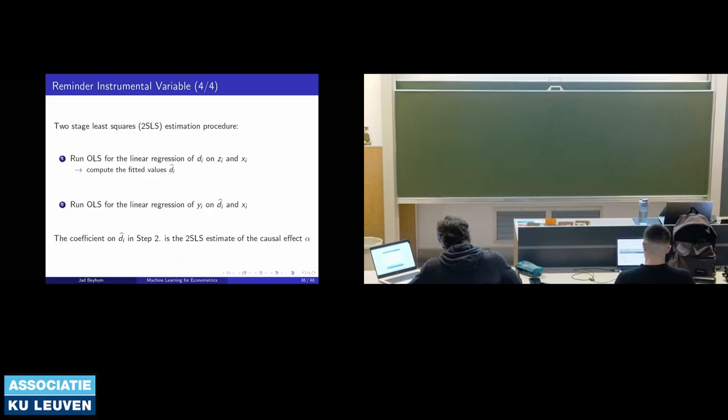First, you run the OLS regression of D_i on Z_i and X_i, and then you obtain fitted values. Fitted values are just the predictions from OLS for D_i, that is D_i hat. Then you run OLS of Y_i on D_i hat and X_i. And the coefficient on D_i hat in step 2 is a 2SLS estimator of the causal effect.